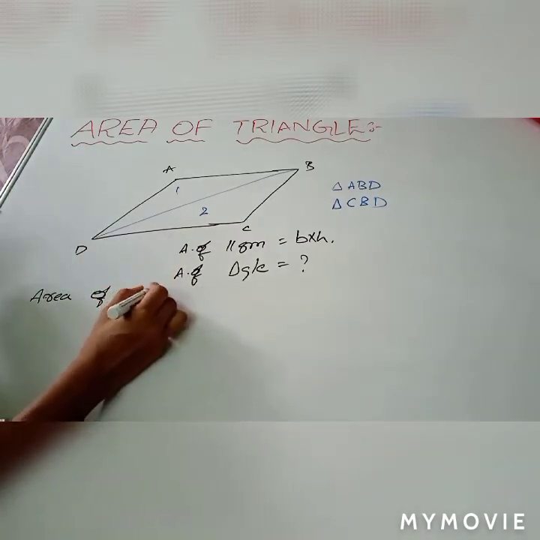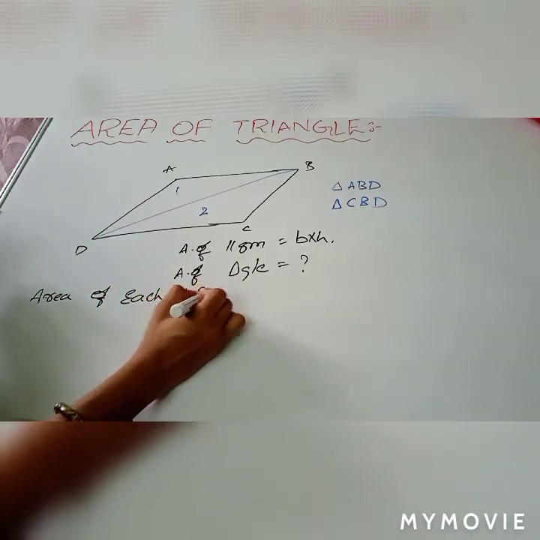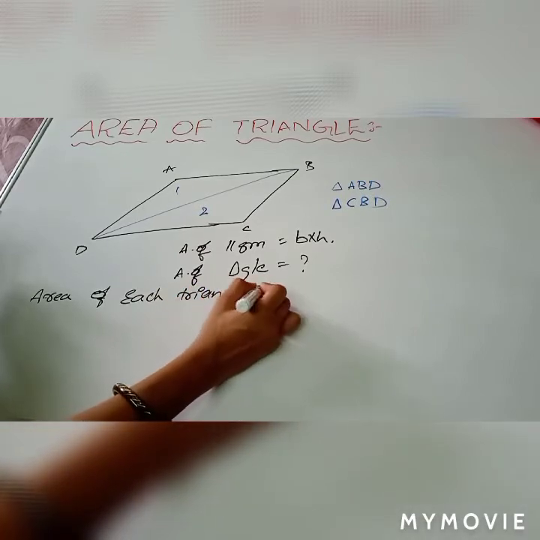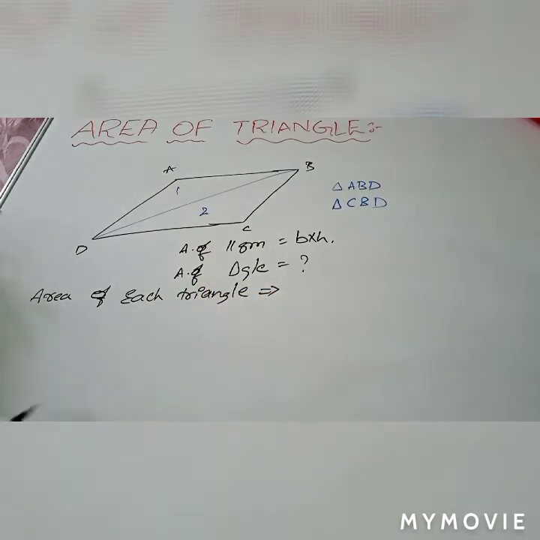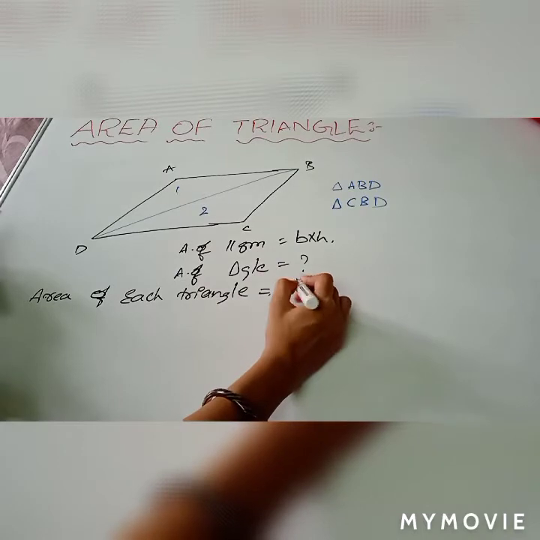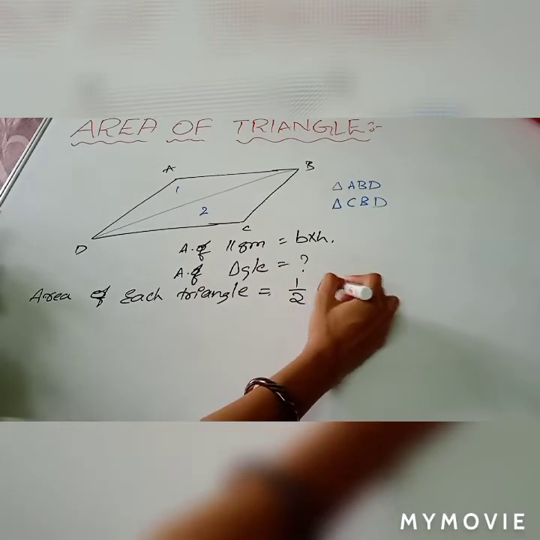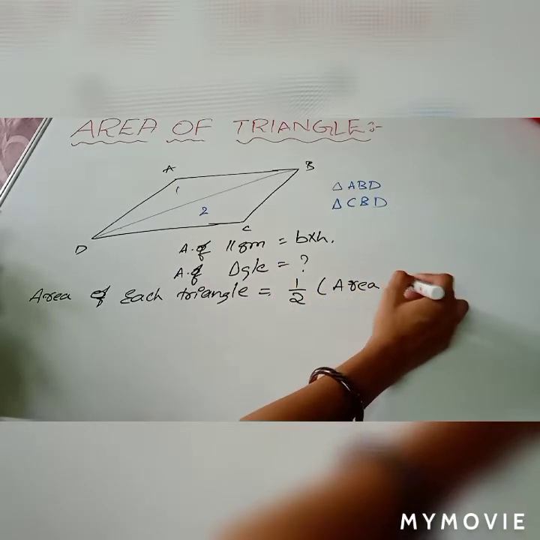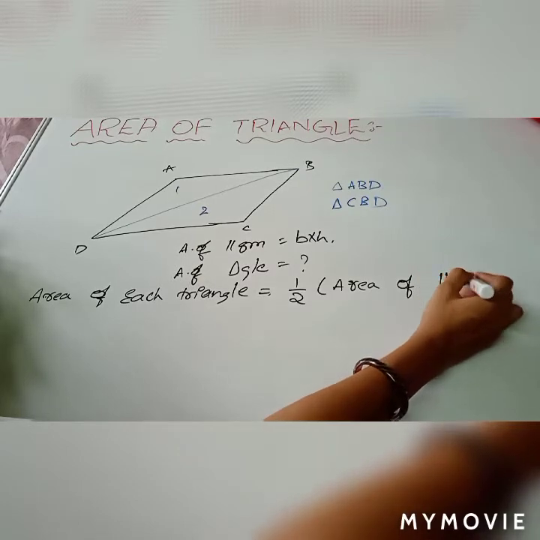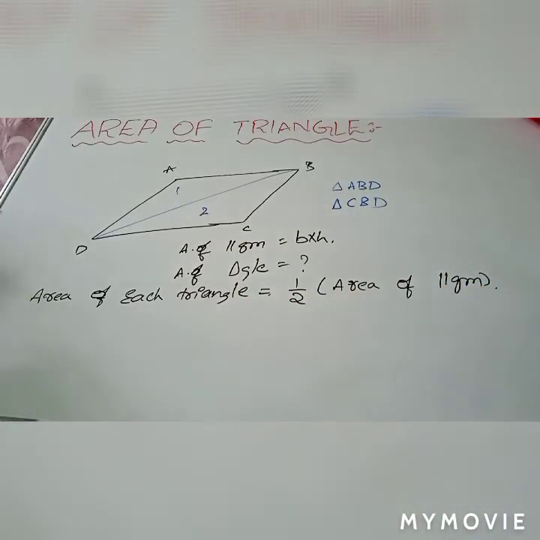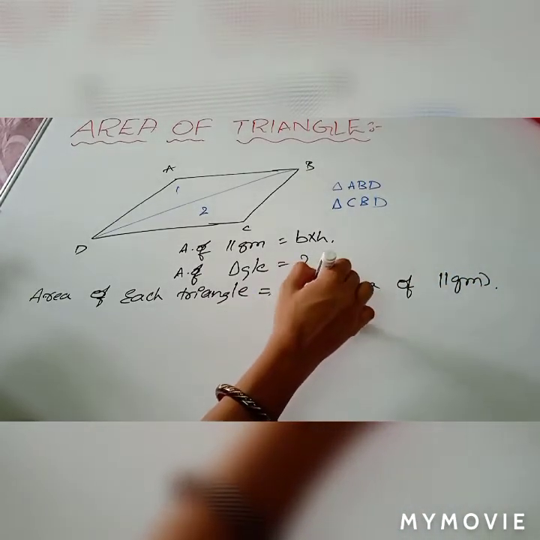Area of each triangle is equal to 1 by 2 into area of parallelogram. Why we took this 1 by 2 here?